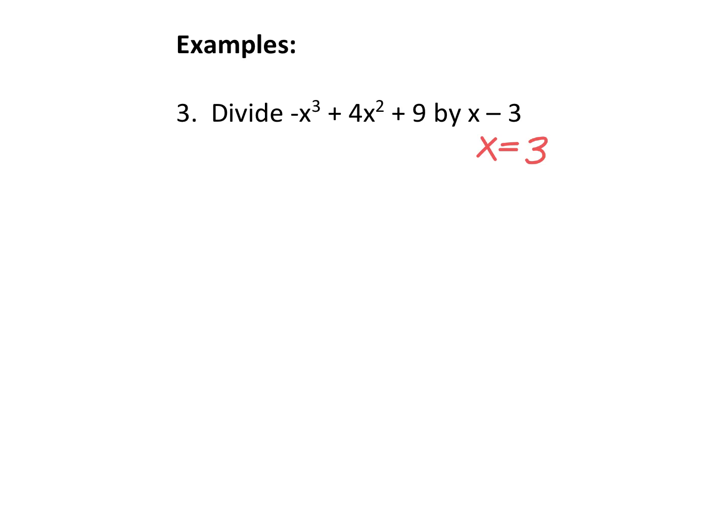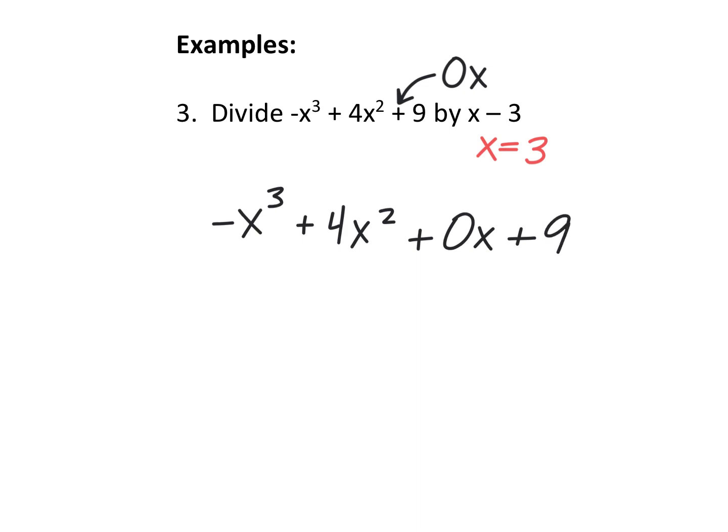You do have to fill in any empty spots with zeros. So this first one is missing a what? 0x. So we're going to rewrite it out. Negative x to the third plus 4x squared plus 0x plus 9. So like we've been talking about, it has to stair step all the way down.